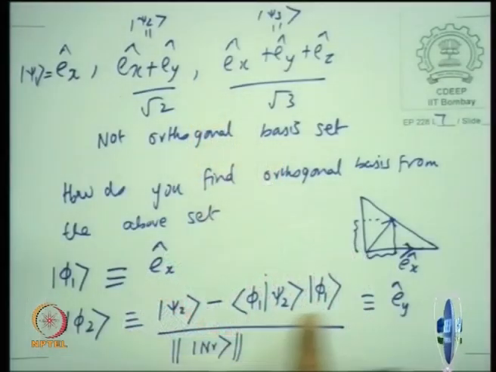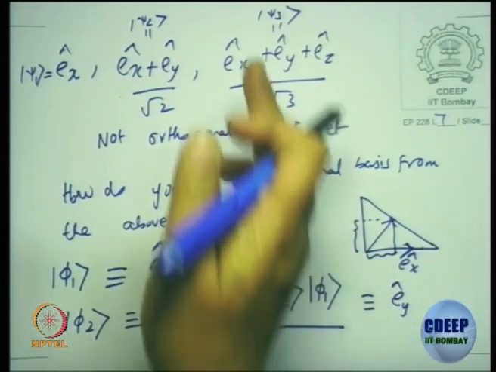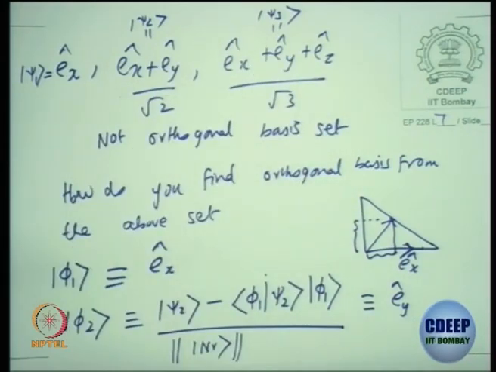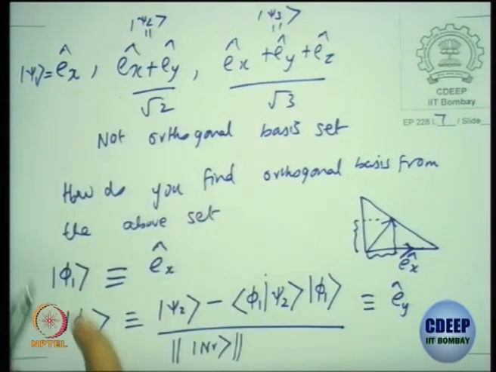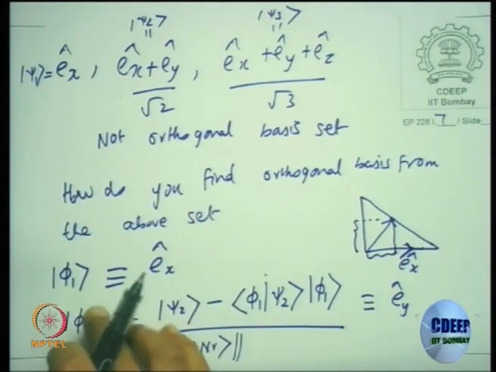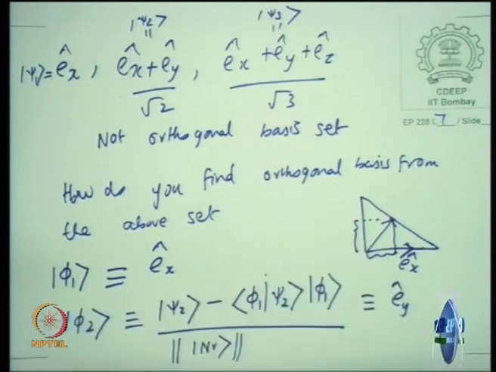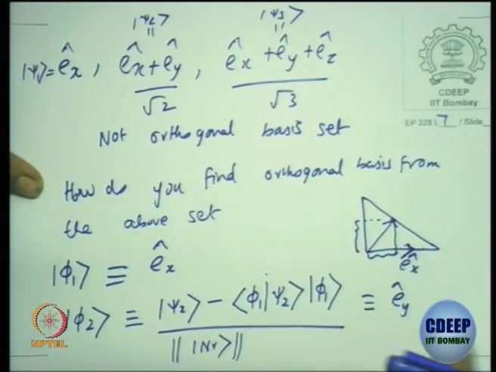And there is something which you can see here. How do you do phi 3? You need to subtract the component along phi 1, the component along phi 2 and then normalize that numerator and that will give you phi 3. So let's write it.